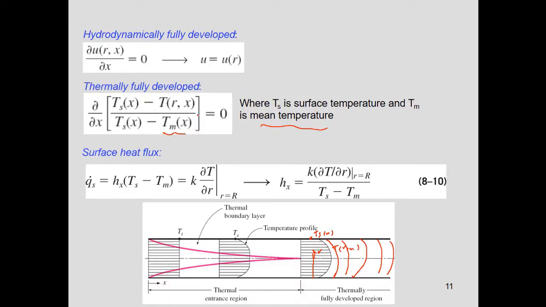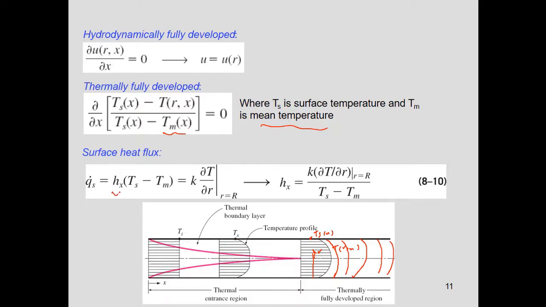Now we are interested in calculating the surface heat flux, for example. The surface heat flux is q̇s equal to h(x)(Ts minus Tm). This is convection between the fluid and the surface.